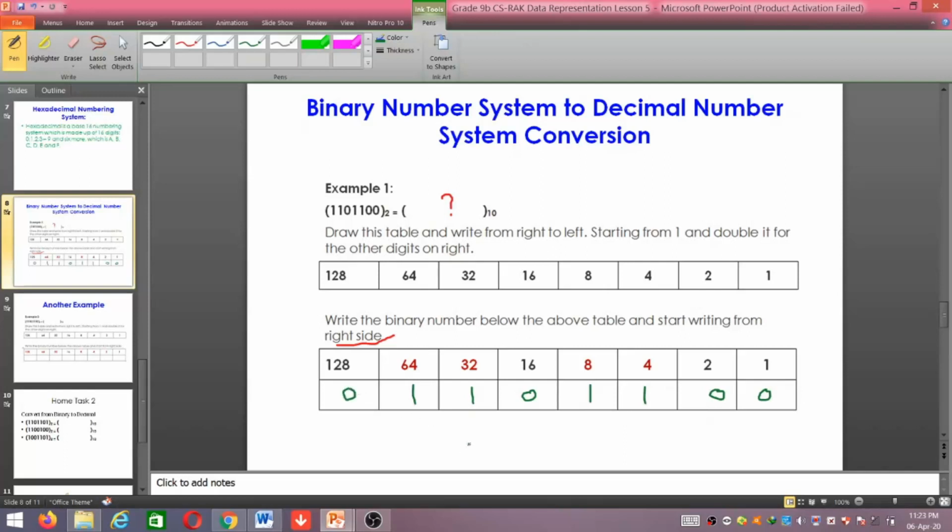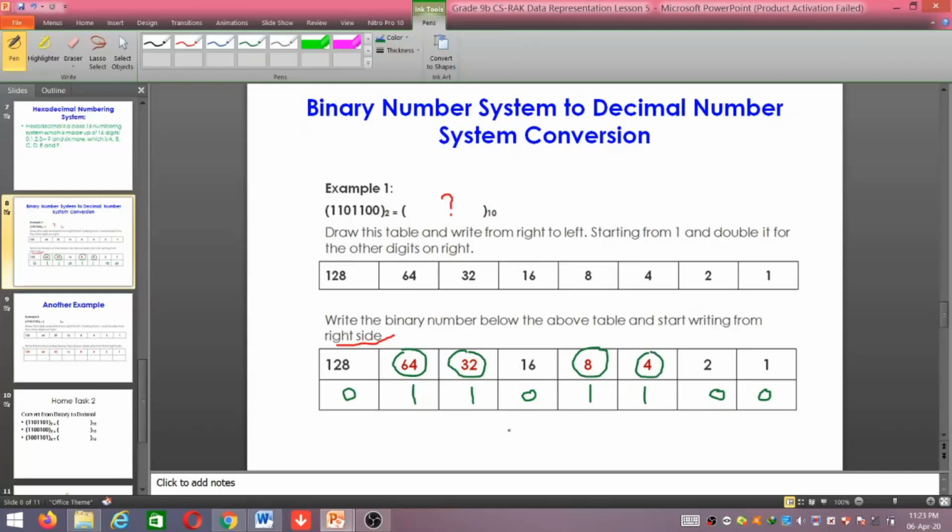Okay, now you see, you will add the numbers that are corresponding to each one. So it means 64 plus 32, that is 96, and then you add 8 with that, that is 104, and then you add 2 to it, and that is 108.